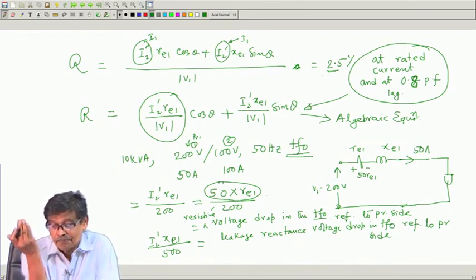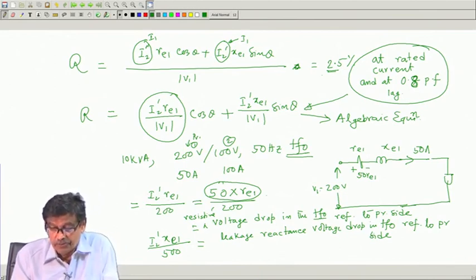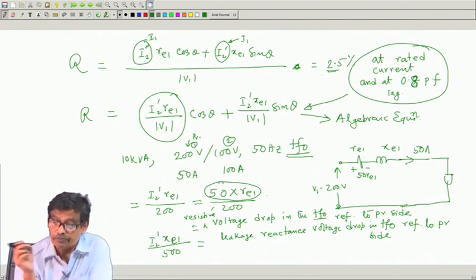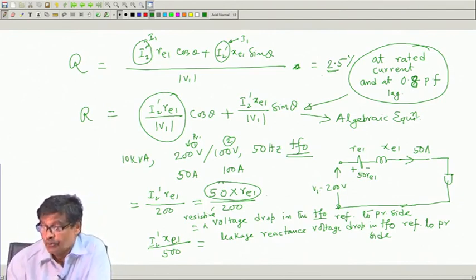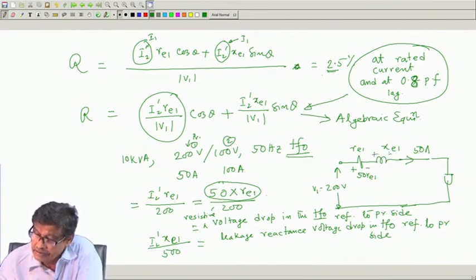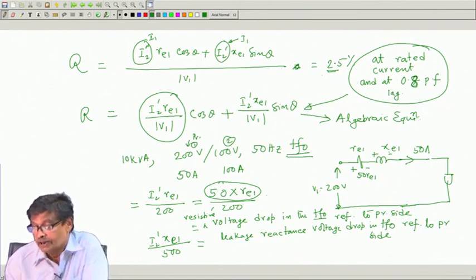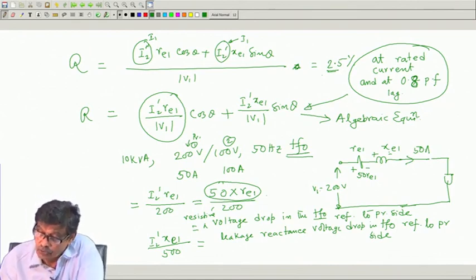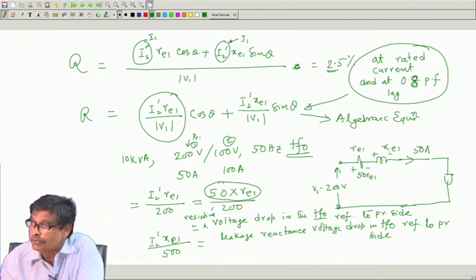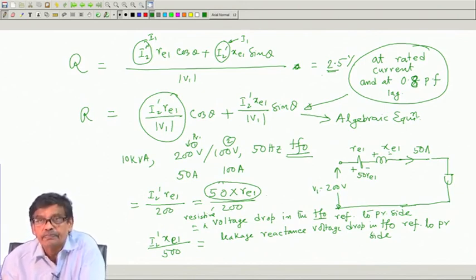If it comes out to be, say, 5% after calculating, I will say that out of this 200 volt, at rated current, some voltage will be dropped across the resistance and some across the reactance. That magnitude of voltage divided by the rated voltage is how much of the total rated voltage is consumed by the resistance, and how much by the reactance.